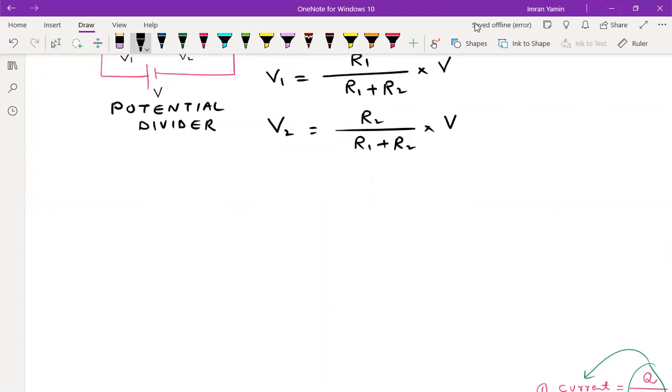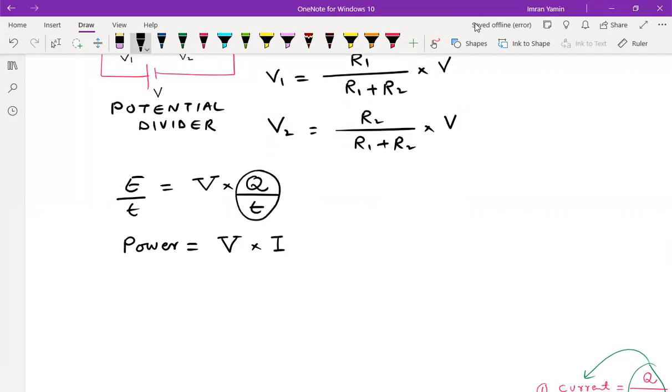You know that electrical energy is the product of potential difference and charge. And if we divide both sides by time, then the rate of energy is called electrical power. And electrical power is the product of voltage and current.